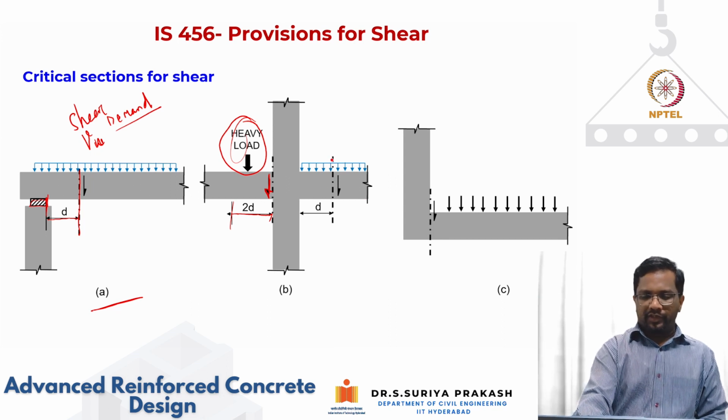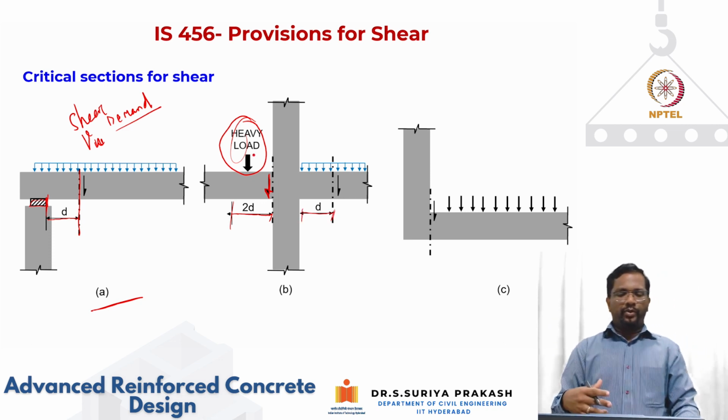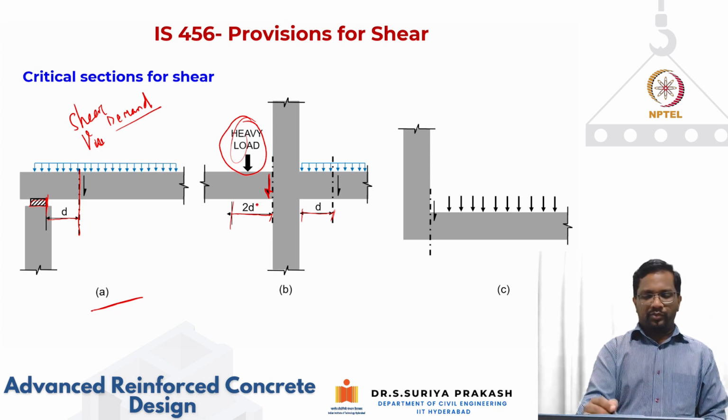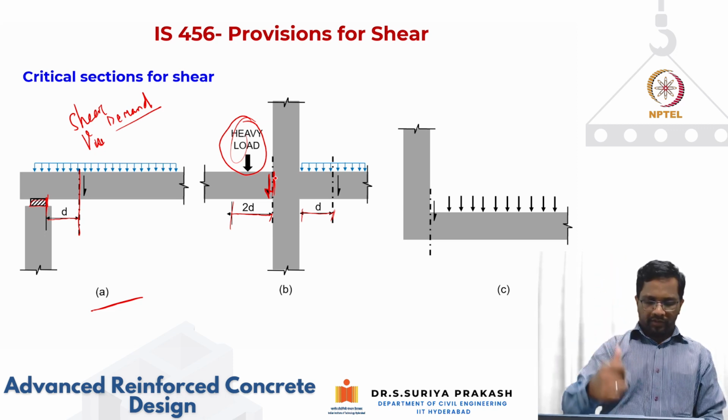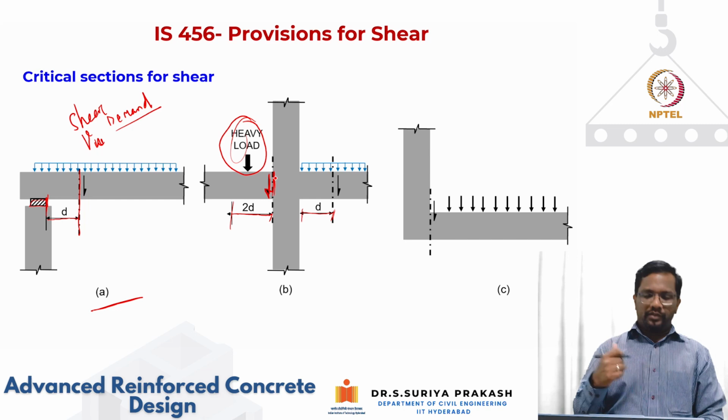So on the right side for shear demand you can take at a distance of d from the face of the support. Okay, but however, because you are having a heavy load that is within the distance of two times the effective depth from the face of the column, you have to consider the critical shear section as the face of the support. So you are going to overestimate a little bit, conservatively estimate the shear demand.